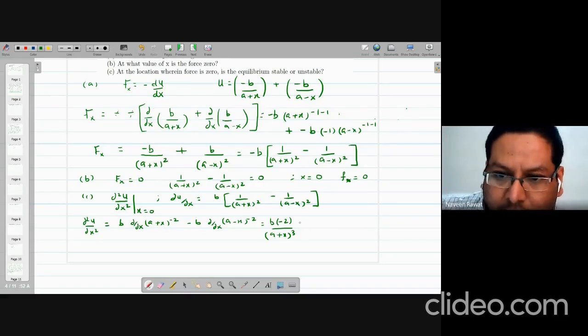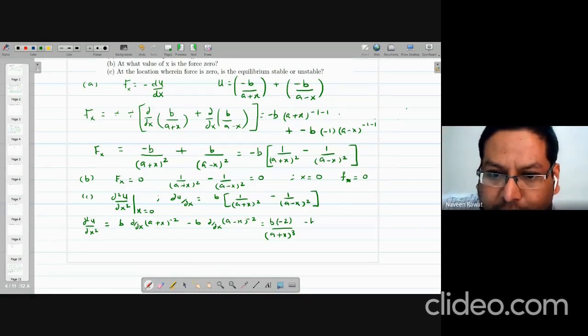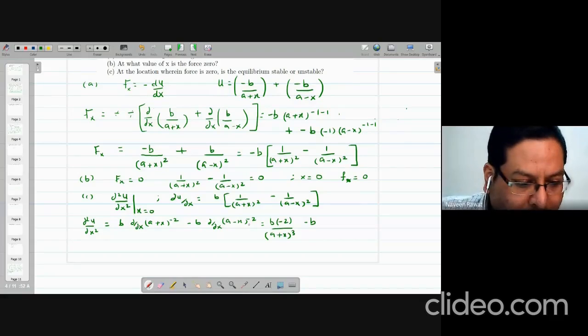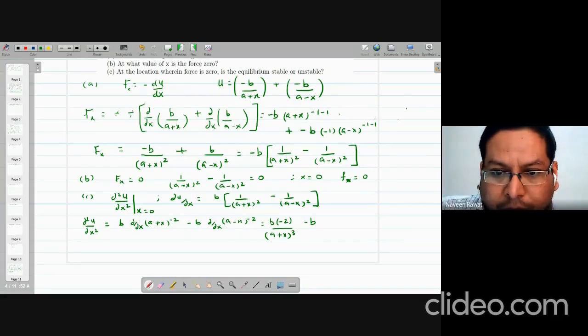Now the second term has a minus sign, so I have a minus b. Again taking the derivative here, I get minus 2. Then I have (a minus x) raised to minus 3, so that goes in the denominator as (a minus x) raised to 3.